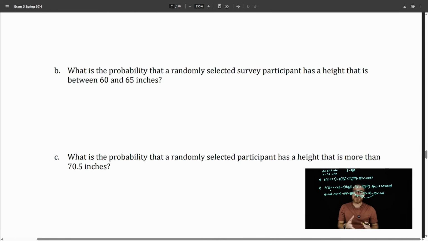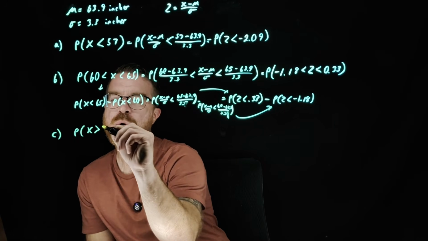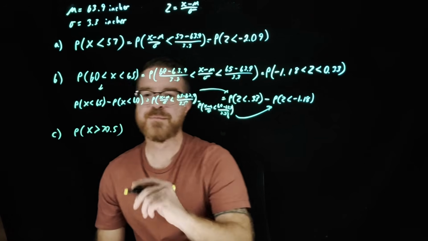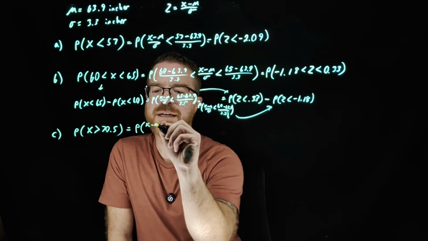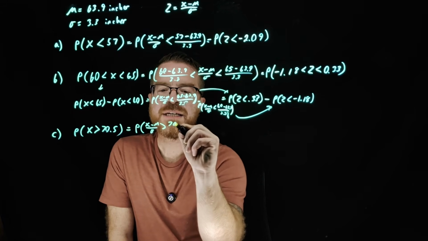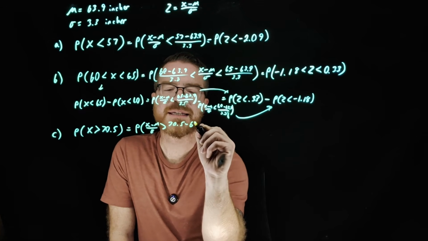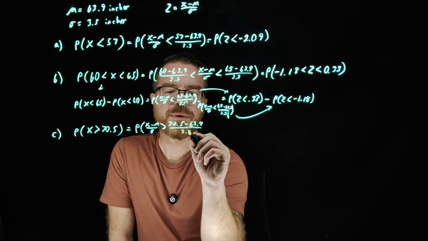Part C says, what is the probability that a randomly selected participant has a height that is more than 70.5? So C is going to be, what is the probability that X is more than 70.5? Following the same steps we did before, this will be the probability of X minus mu over sigma, inequality stays the same, 70.5 minus 63.9 divided by 3.3.